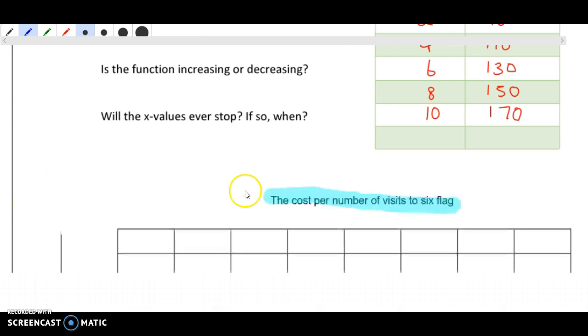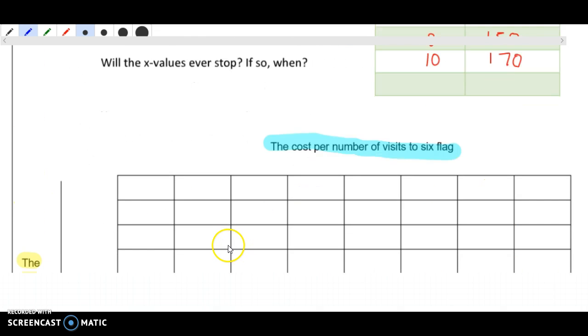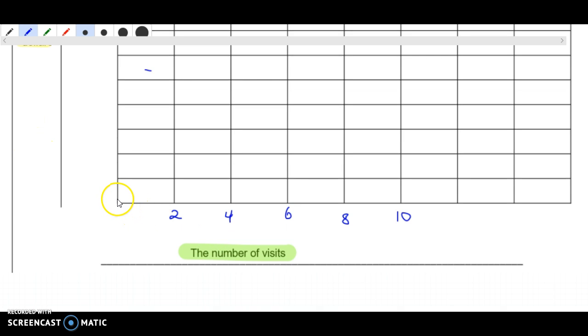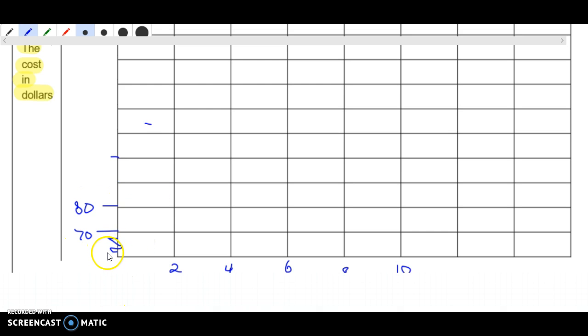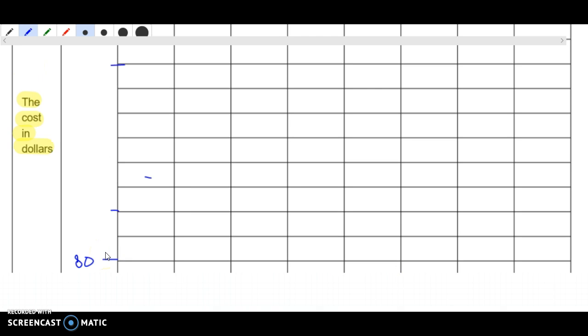I'm gonna start at 70. So this is what we'll do. We're gonna break our graph. This indicates that we're not gonna start at 0. We're gonna start at 70. And I guess let's see if we can go by 10. So we do have enough room to go by 10. We're going to skip by 10.